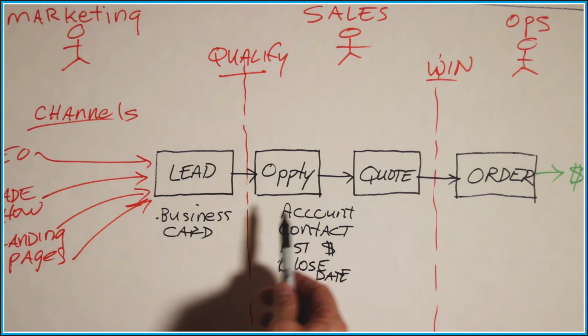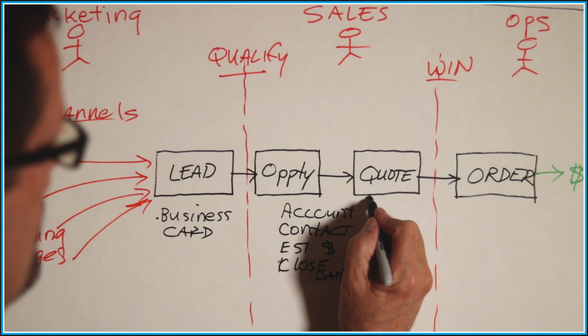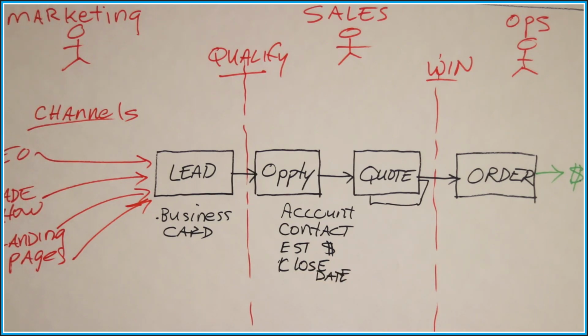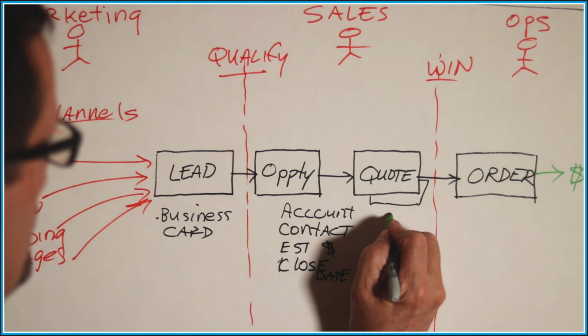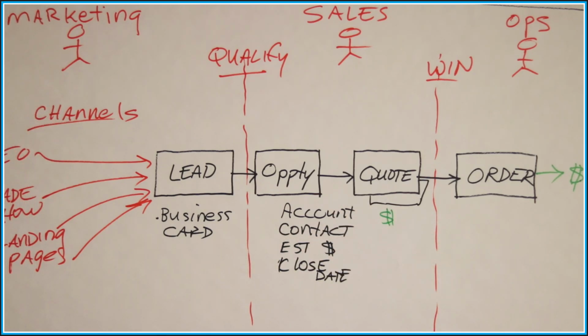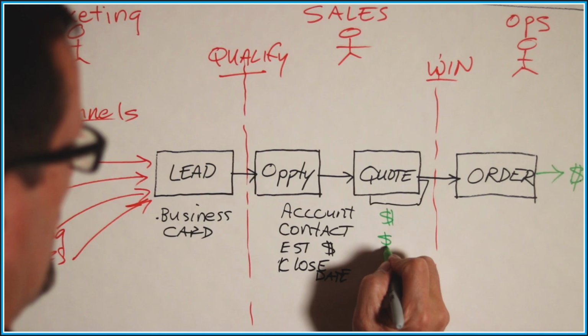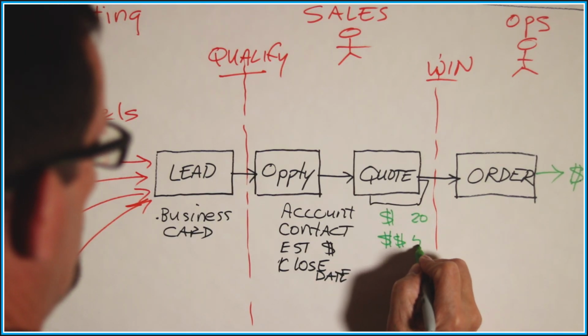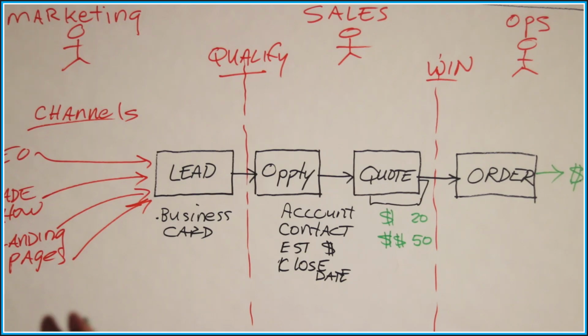Then we get over to the quote. You might have multiple quotes, so we can have a couple of different quotes in there. One quote might be for maybe 20 hats, some particular lower cost option. Maybe there's a more custom option for 50 hats, and it's a bigger dollar amount.